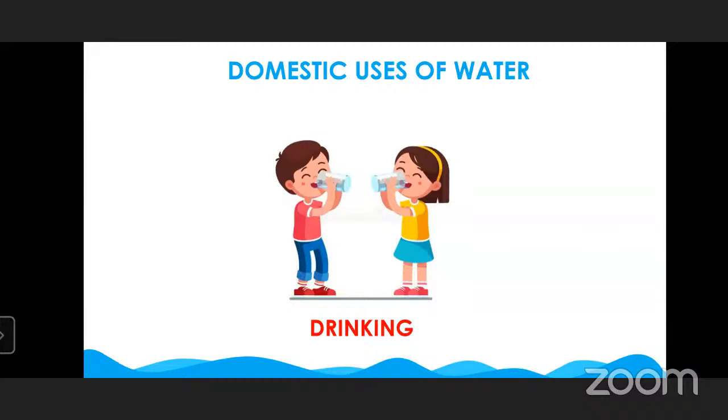Okay, it will vary. Means ये change हो सकते हैं according to your health, then your age, environmental conditions. But normally at least we require 8 glasses of water or 2 liters of water.